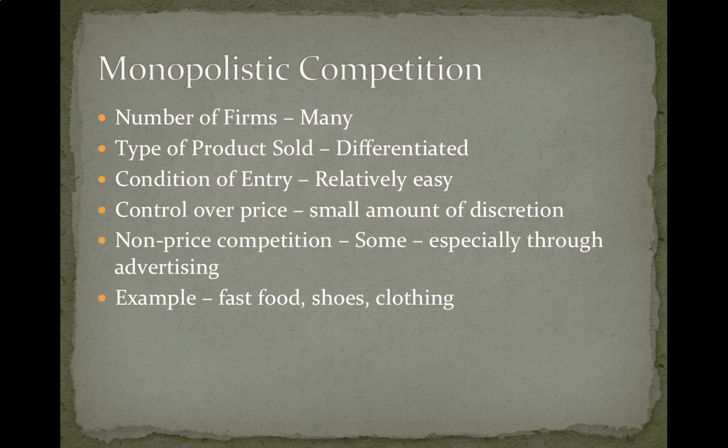Control over price, they do have some discretion over the price. Once again, if you look at the blue jean industry, you can get blue jeans for $15, $20, or you can get them upwards of hundreds and hundreds of dollars depending on what brand they are. Non-price competition, there is some. Obviously, they want to differentiate their product, and typically we see this advertised on television.